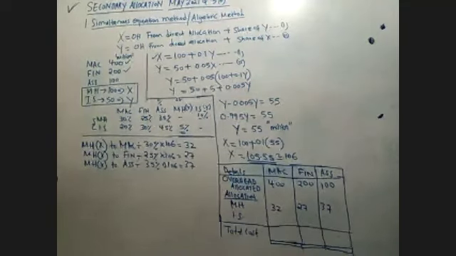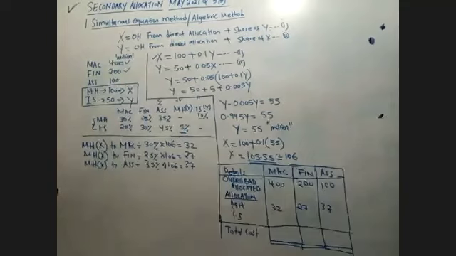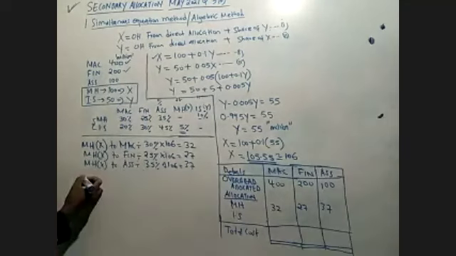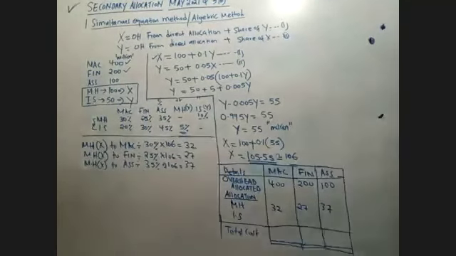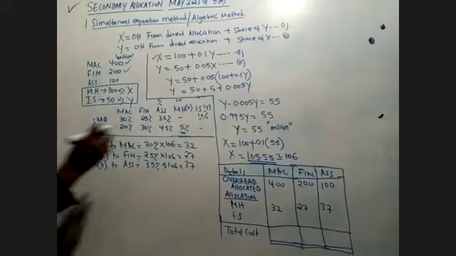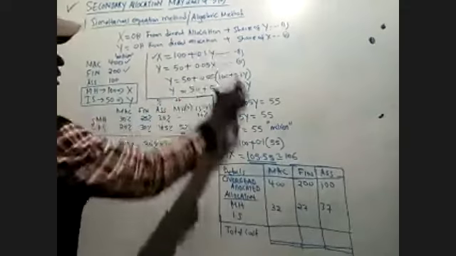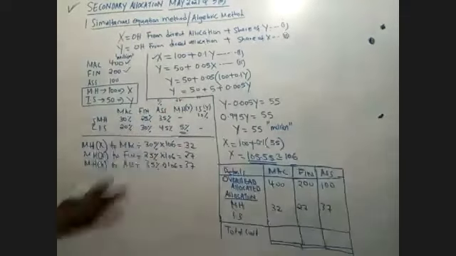Hii form inajuanga haikujangi exact. So let us go to the next. Now tunaenda kwa nani? So haikujangi exact kwa sababu ya 10%. 10% imekuwa shared between X and Y hapo katikati.